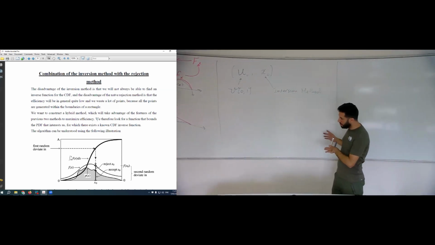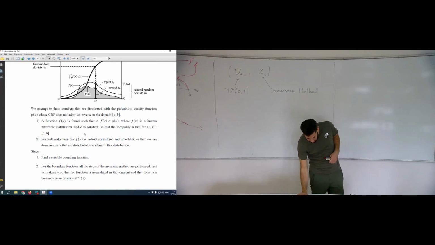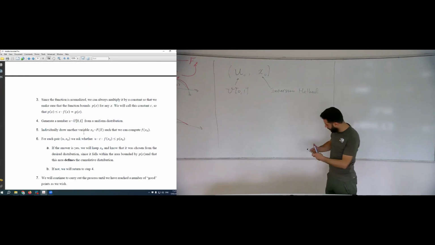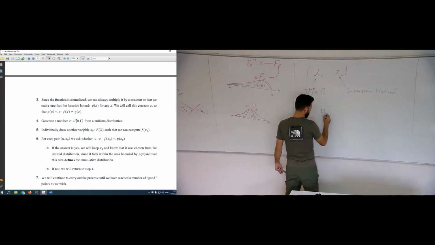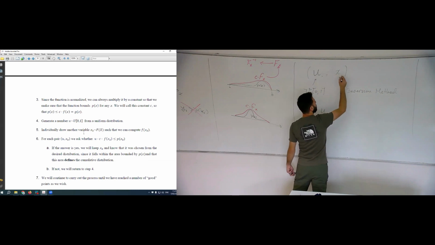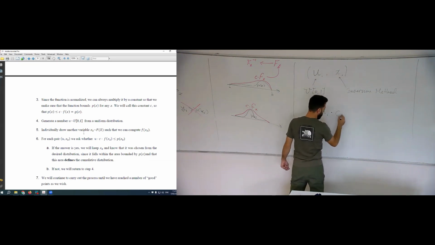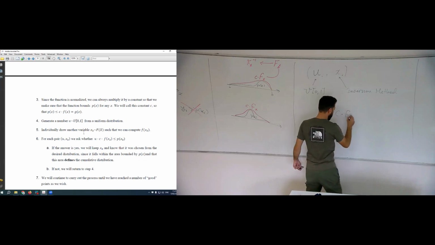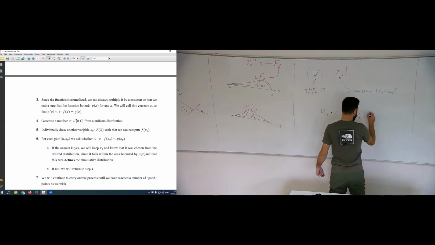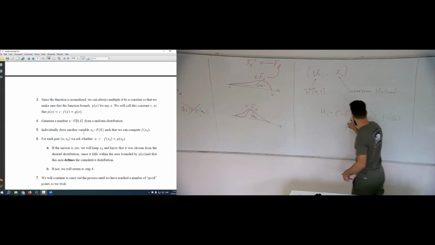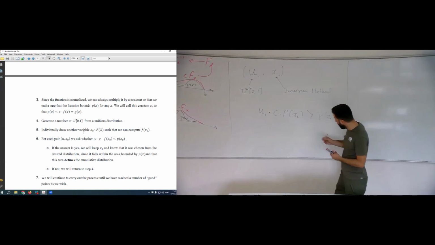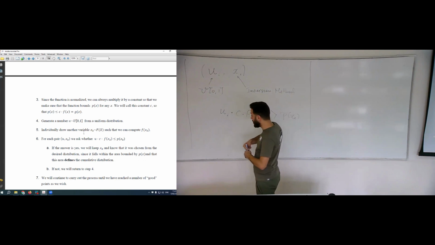And now I will accept pairs and reject pairs. If u_i multiplied by c multiplied by f of x_i is bigger than p of x_i, and the u_i are from the same pair, if this happens, I drop that pair.